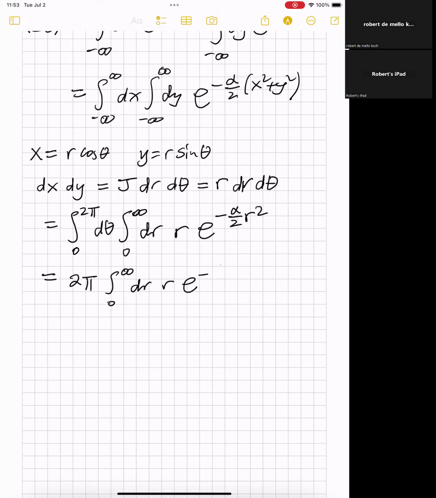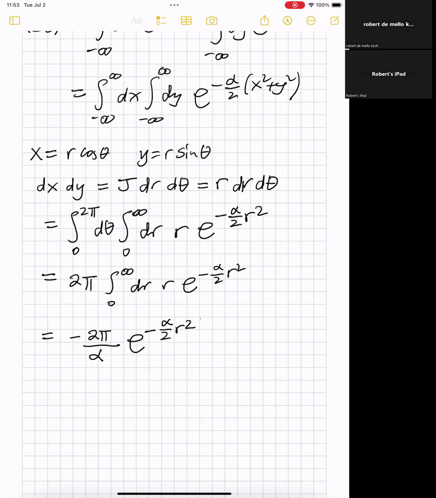And then we've got the integral over r. With a little bit of staring, you can see that the integral over r is also pretty easy. So let me just write down the answer. It's minus 2 pi over alpha times e to the minus alpha over 2 r squared. To check that, just take a derivative of this with respect to r and make sure that you get the previous line.